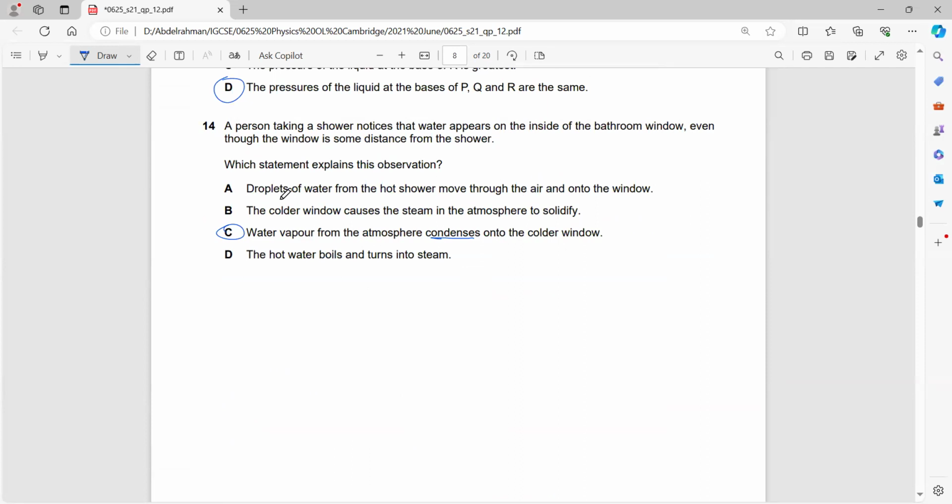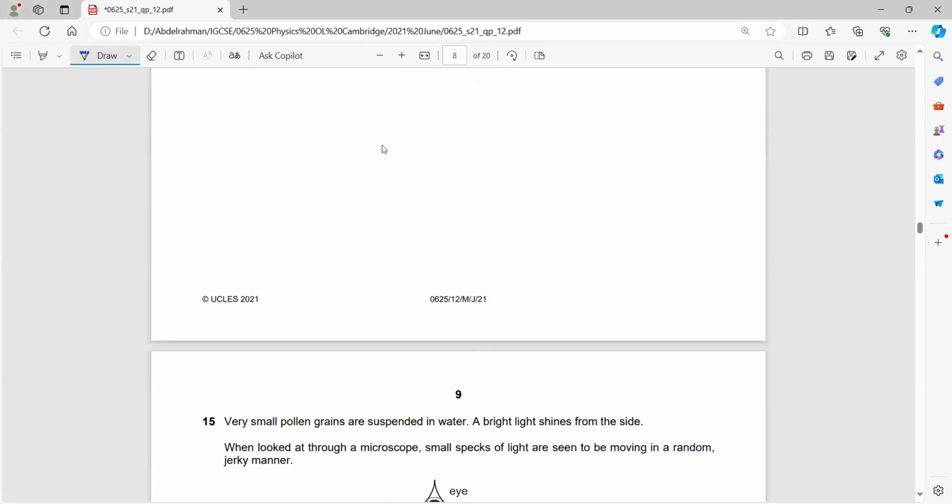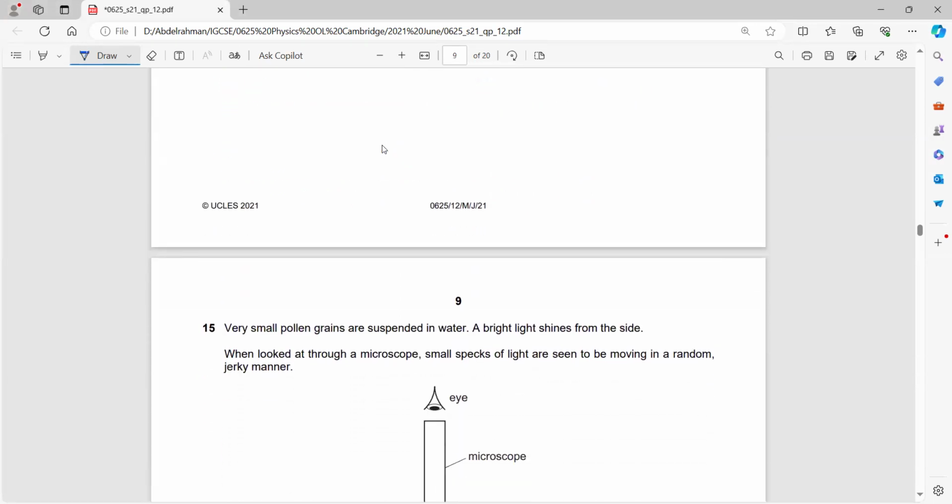Droplets of water from the hot shower move through the air and onto the window. Because he said that it is at some distance, a far distance. You're not directing the stream of water to the window. No, it has to do with condensation. The same applies, for example, to the mirror. Why do you find water on the mirror? It's due to condensation.